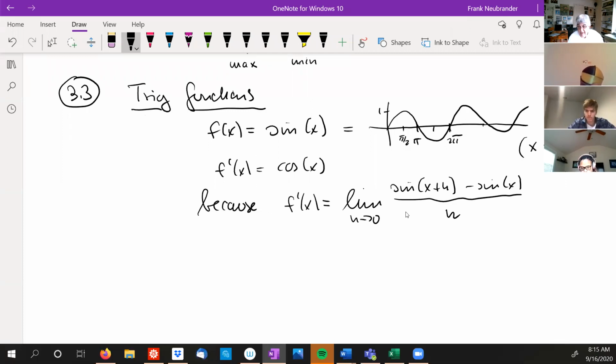And if you think about it, there are formulas that sine of x plus h is the same as sine of x times cosine of h plus cosine of x times sine of h. So these are the trig identities.